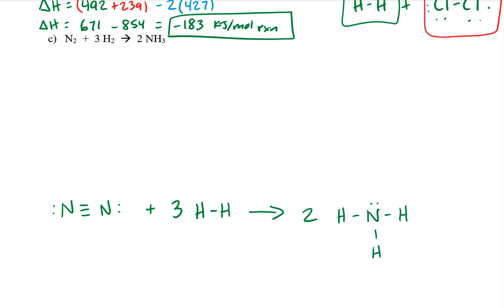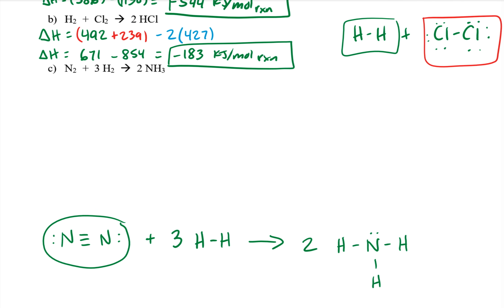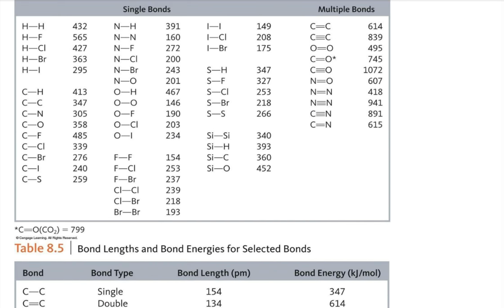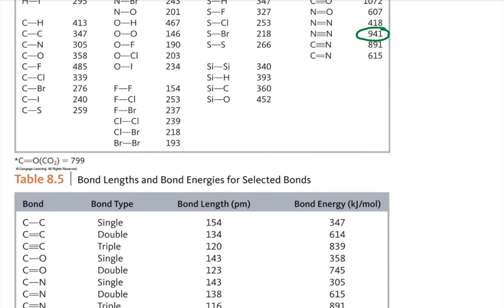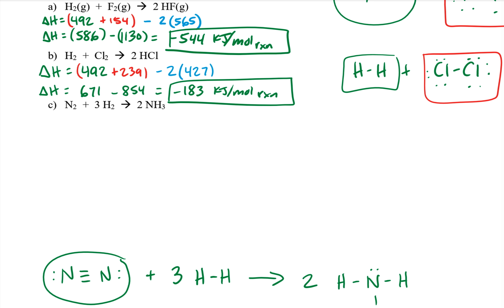I'm going to take my broken. So I have a broken here. I'm looking for a nitrogen to nitrogen triple bond being broken. I'm looking for its bond energy value. And it has a value of 941. So delta H, 941.